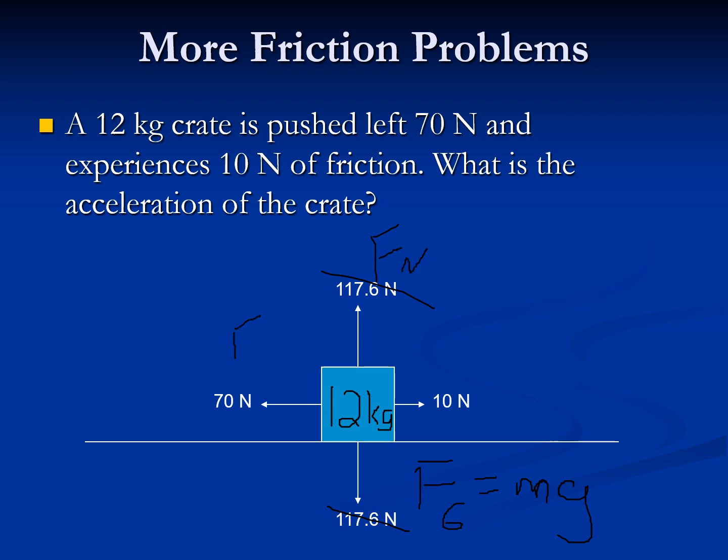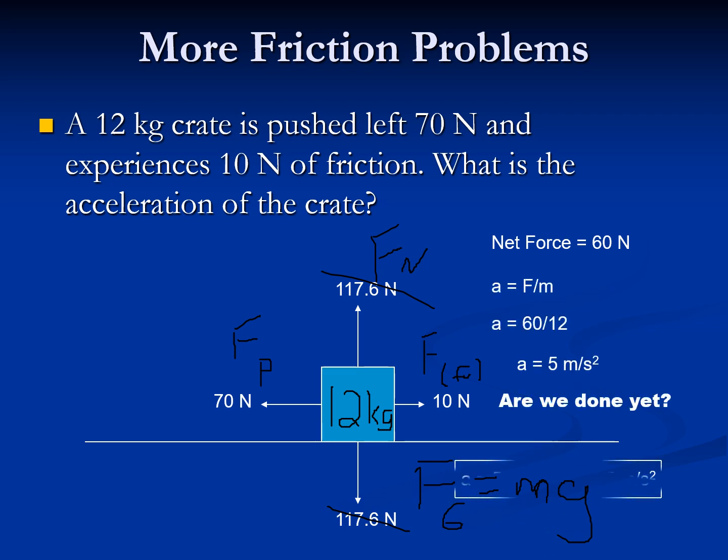We have the push, F of P, and then FR. Okay. 70 minus 10 is 60, but not just 60, it's 60 to the left. Make sure you understand the directionality. The directionality here is really important.